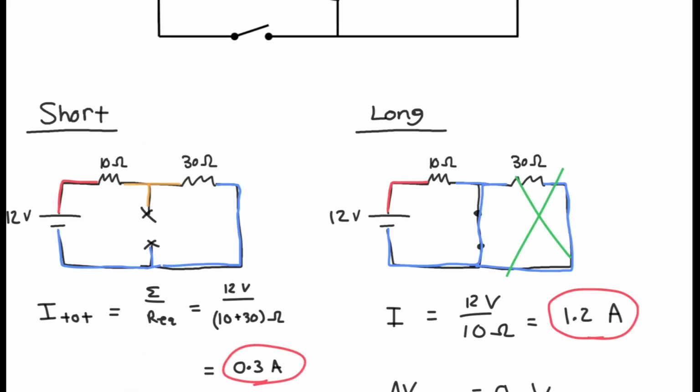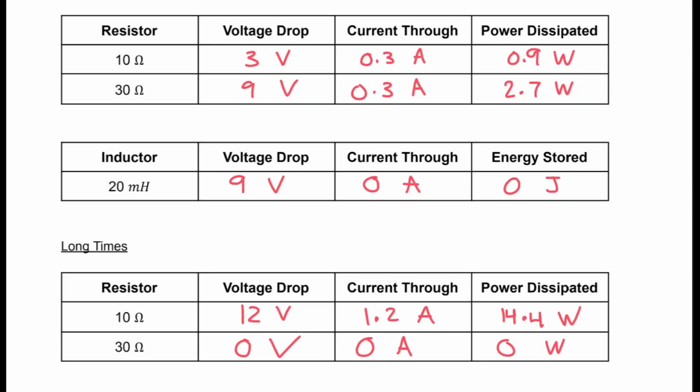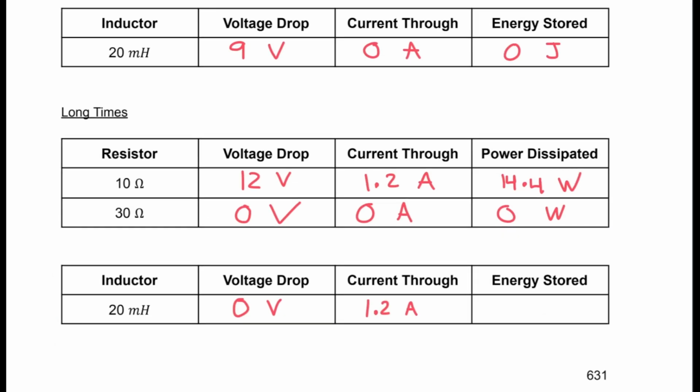So the energy stored by this 20 millihenry inductor is therefore just going to be 1/2 L i squared, so 0.5 times 0.02 times 1.2 squared. And that is 0.0144. Get my units right.